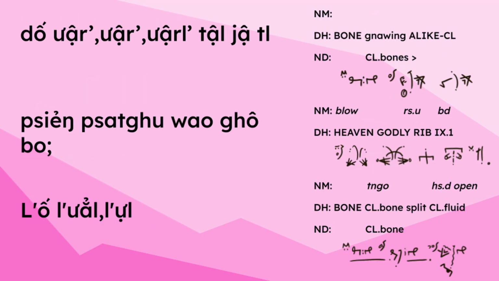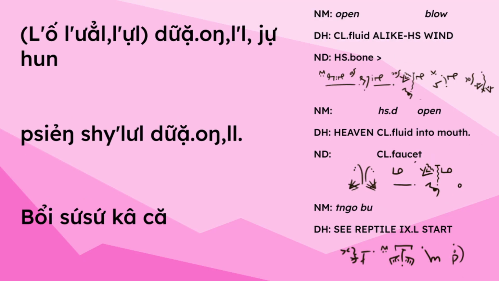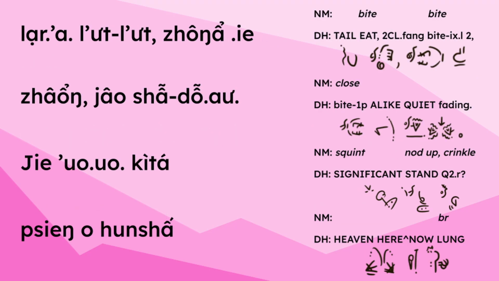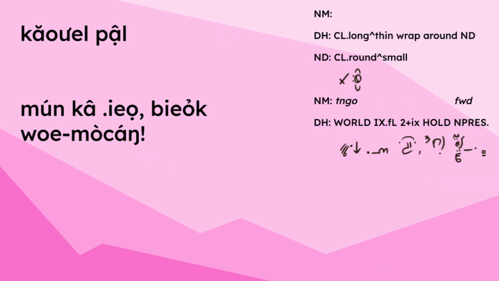To tarja tulbsing, psalhuwal, towat, chluhluahlu doong lul, jerhum sing, shalul doang lul, bui susur kutsa lar flut junga, zhaong tao doao. Tie ki tabsing o hunsha, kawel palmun ka, biok woimotsang.